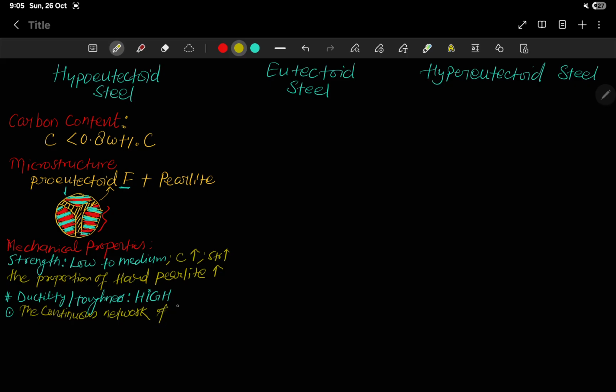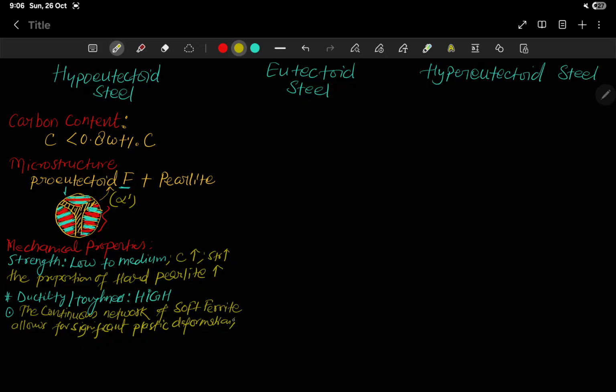The continuous network of soft ferrite, which we have denoted by alpha, allows for significant plastic deformation.